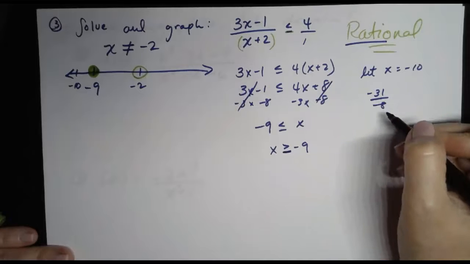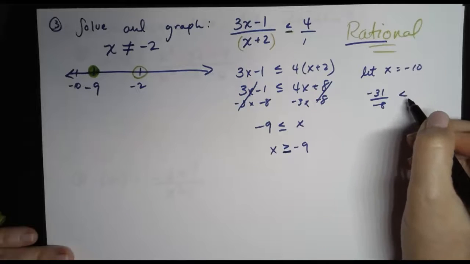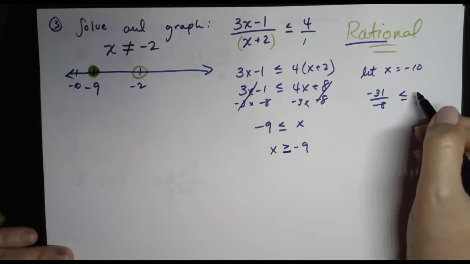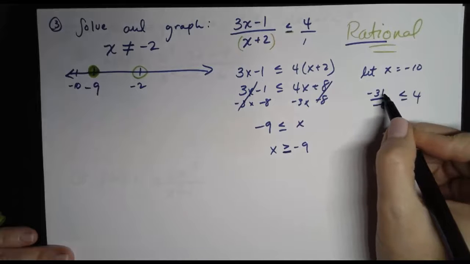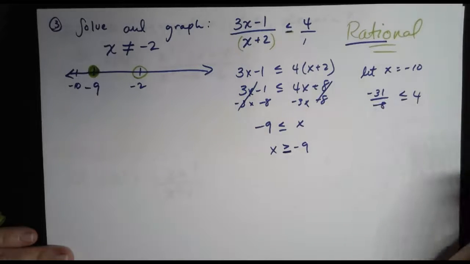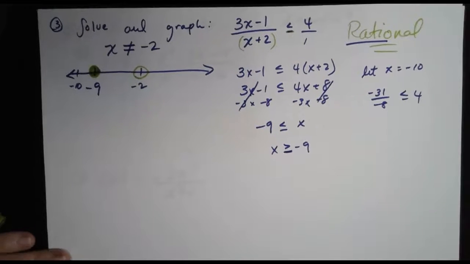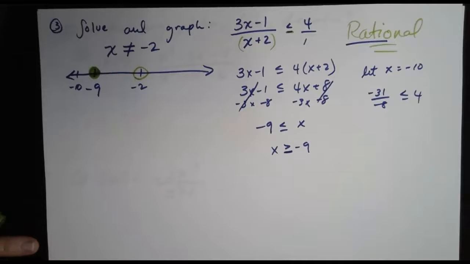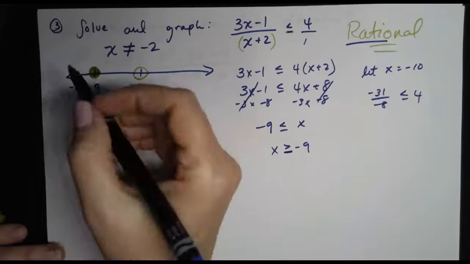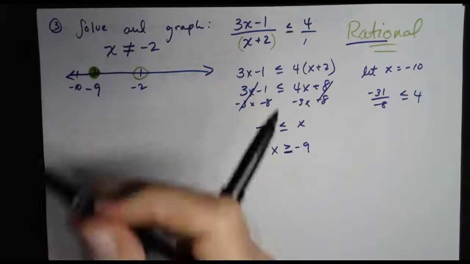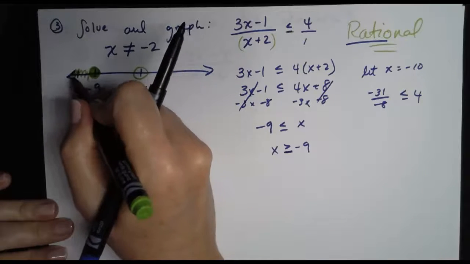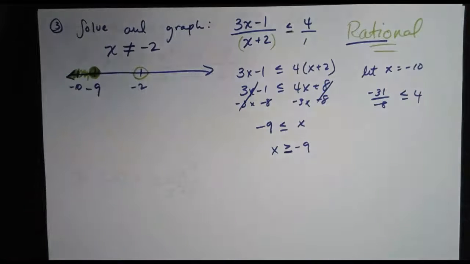So this is positive. And is it less than or equal to 4? Well, 31 divided by 8 has to be a little bit smaller than 4 because 32 divided by 8 is 4. So it looks to me like we indeed have a true statement here.